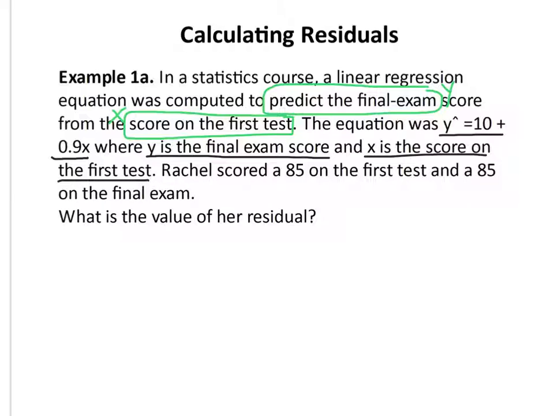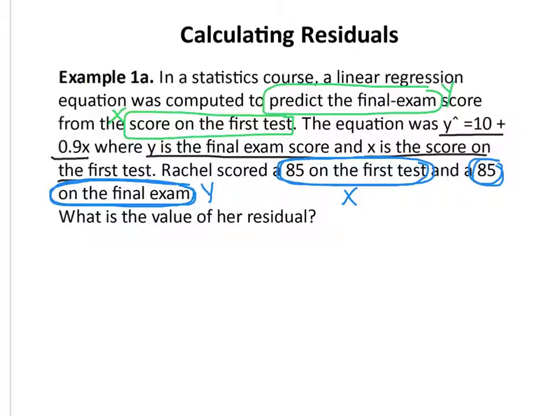Rachel scored an 85 on the first test, so her x equals 85, and she got an 85 on the final exam. Well, the 85 on the final exam is Rachel's y value. I want to know the value of her residual.